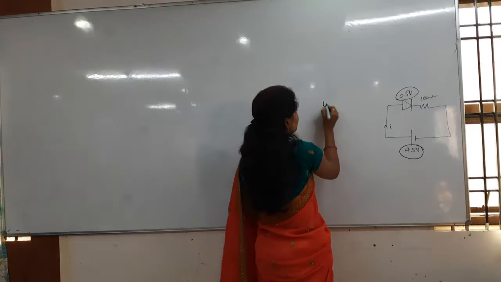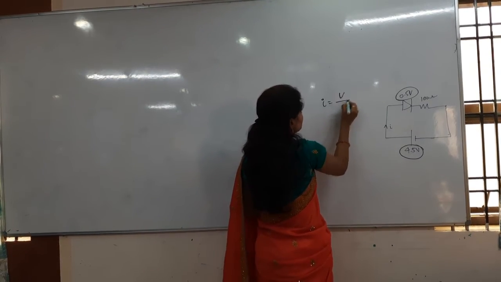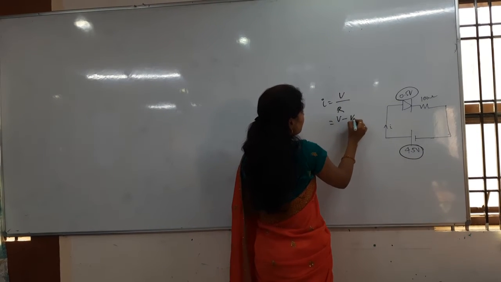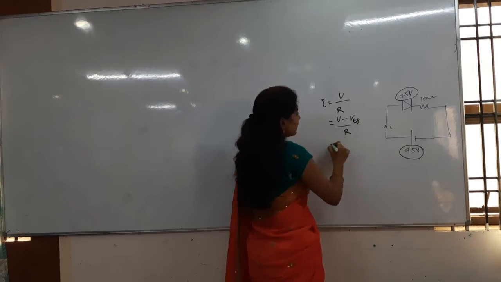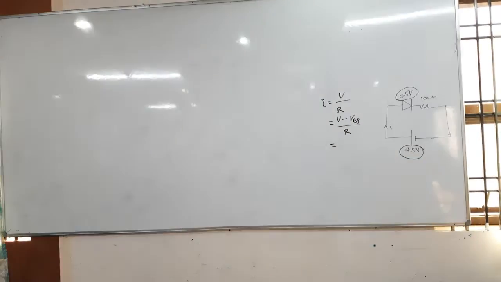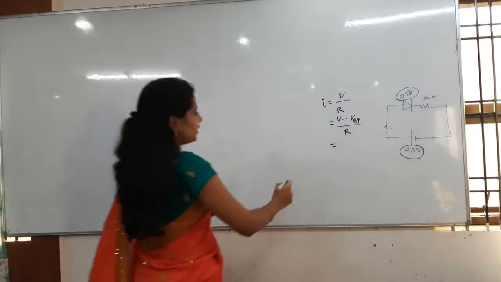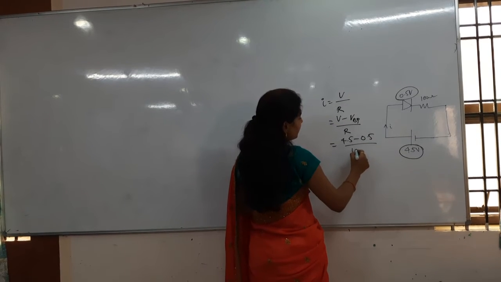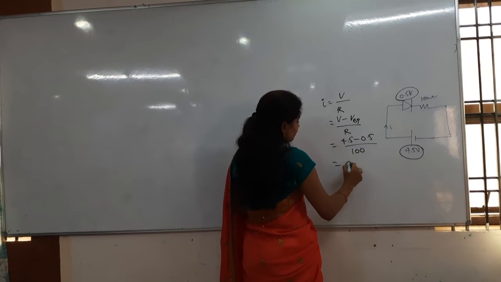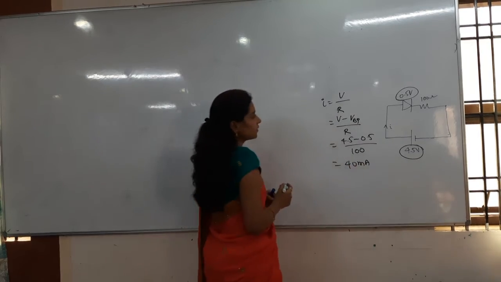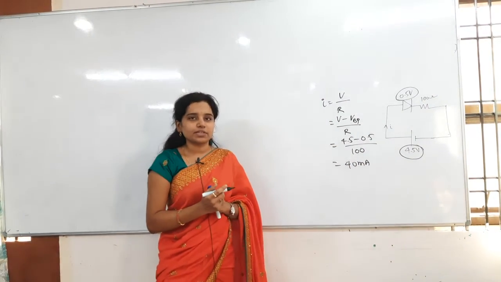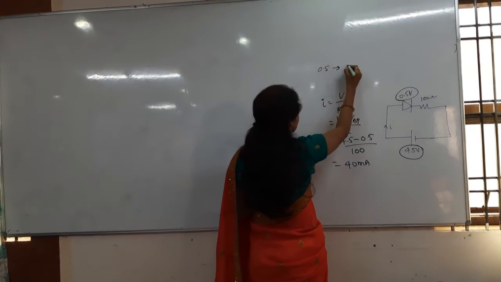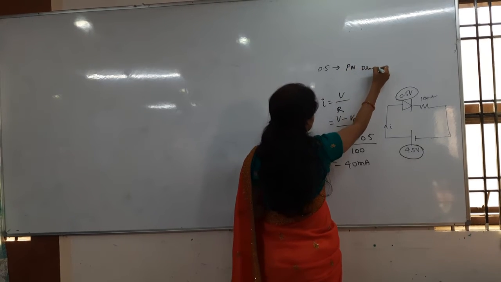The current is equal to voltage by the resistance, and the voltage is V minus barrier potential, divided by R. So V is 4.5 minus barrier potential 0.5, divided by R which is 100. Then you will get 40 milliamperes. In terms of milliamperes only I asked the question. So here 0.5 indicates the PN junction is drawing that voltage.